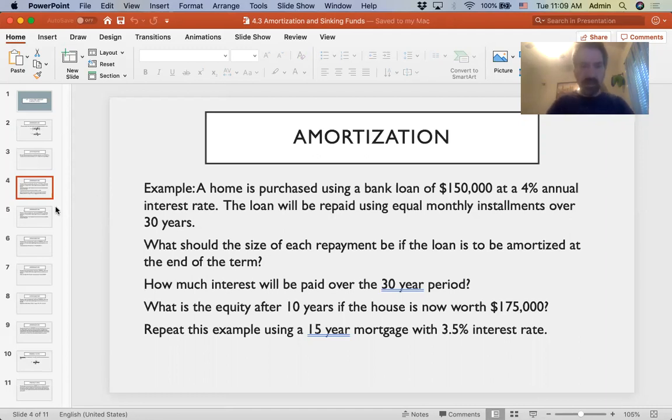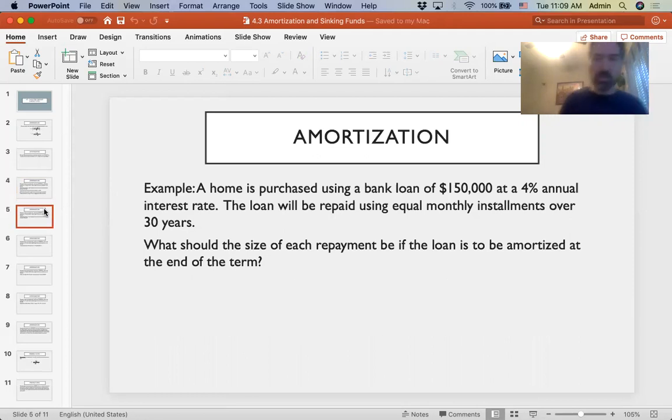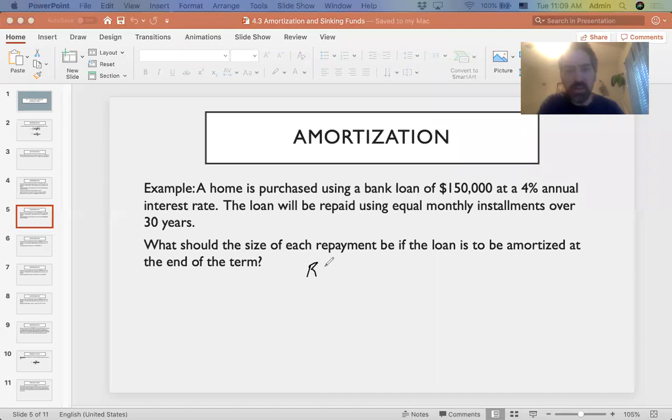Okay, so let's look at the first part of this question first. What's the payment size? We are using this amortization formula. This is the same thing that we did in the previous example. We identify our variables.